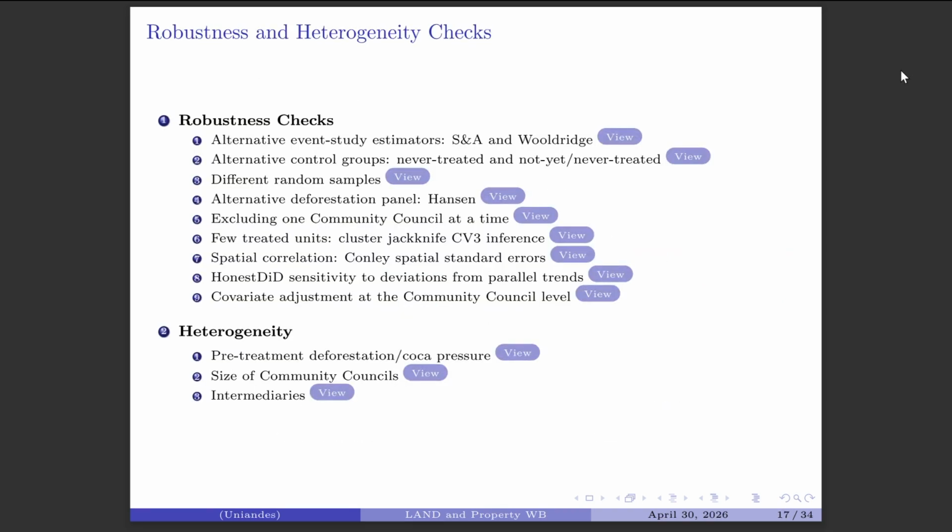If we have time, that we are not going to have time, we can see all the robustness checks typical in this kind of methodological approach.